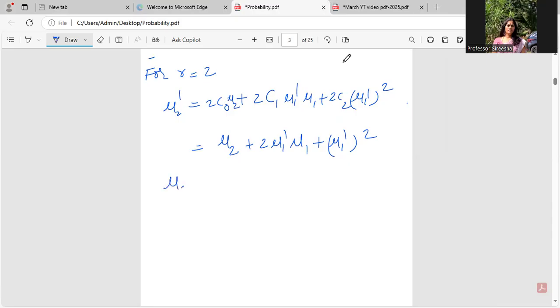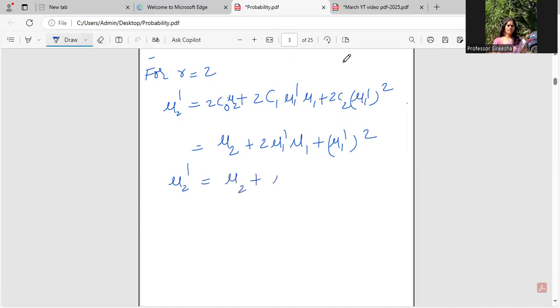Now coming to mu3 prime, guys. Of course, I can rewrite this. I can clearly see there's a simplification here, right? So mu2 prime is equal to mu2 plus mu1 prime whole square. Okay. Why? Because I know that this value mu1 is equal to 0. This is the simplification that I have here.